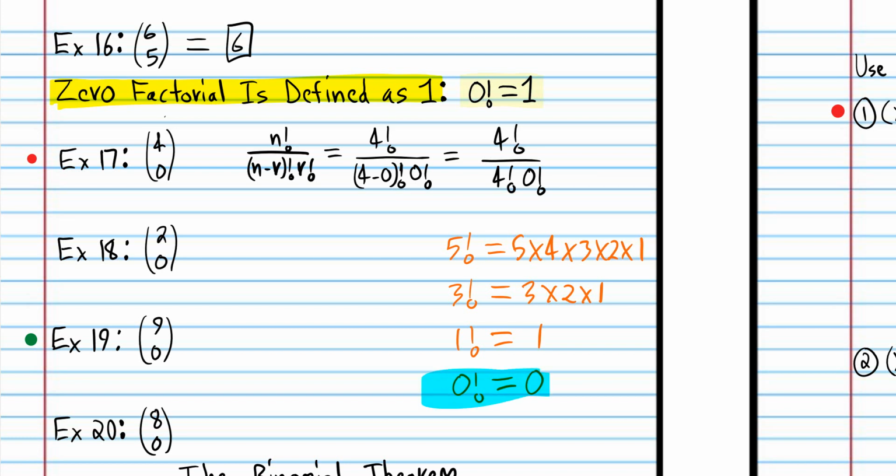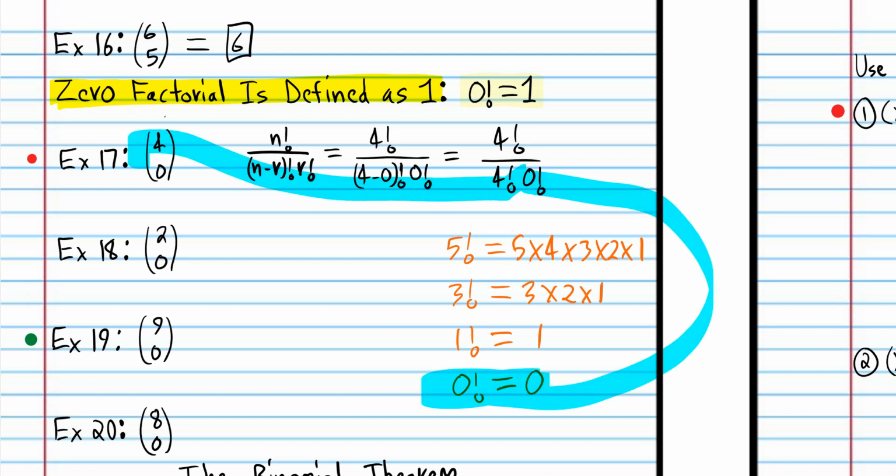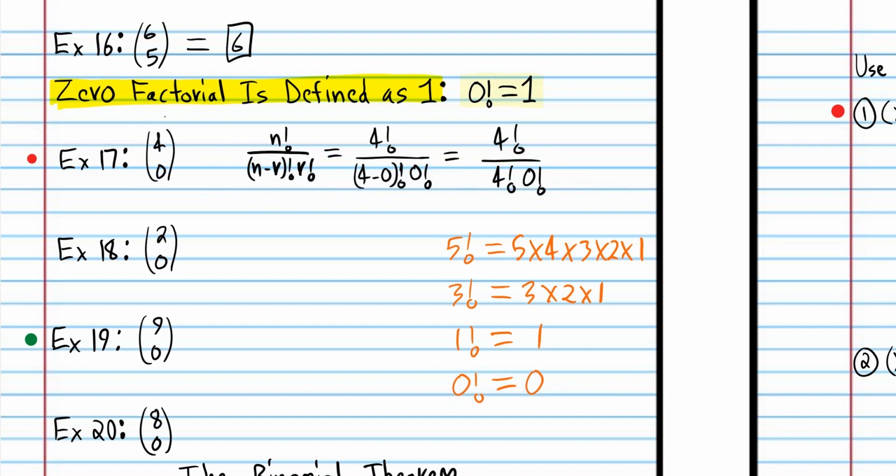If 0 factorial is 0, then this expression would be undefined, because this blue 0 factorial would be 0. And remember, when 0 is in the denominator of a fraction, it makes the fraction undefined. So this whole expression would be undefined. So in order to make this expression defined, mathematicians have decided to make 0 factorial equal to 1. So that's a definition.